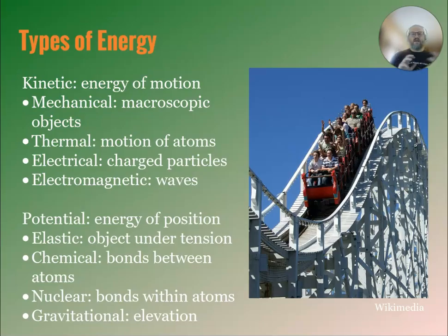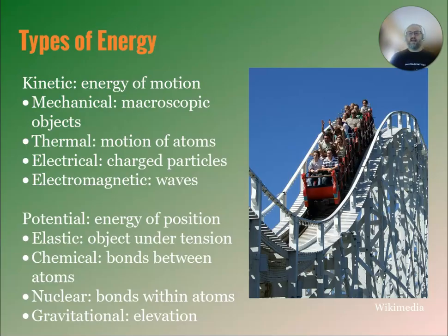They are moving, bopping back and forth. And that is thermal energy. We're going to talk a lot more about thermal energy in just a little bit. But for now, just remember it's the energy involved in the movement of atoms in any object as they wiggle and bounce around.